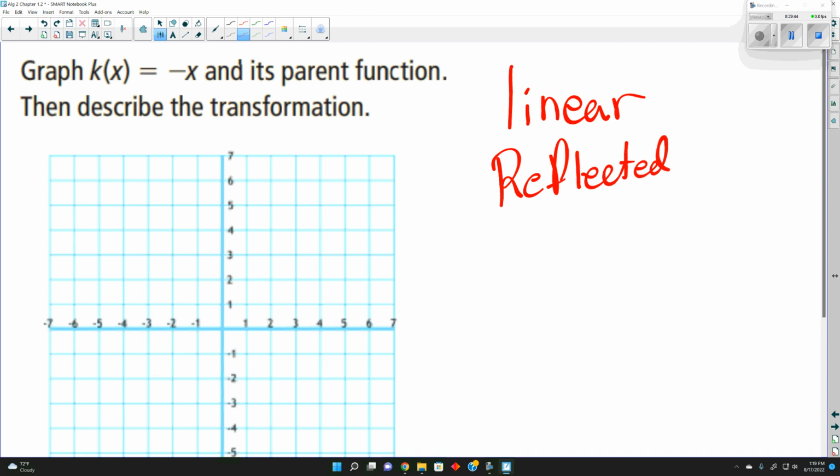Yes. I reflected across the x-axis. Any questions on this here?